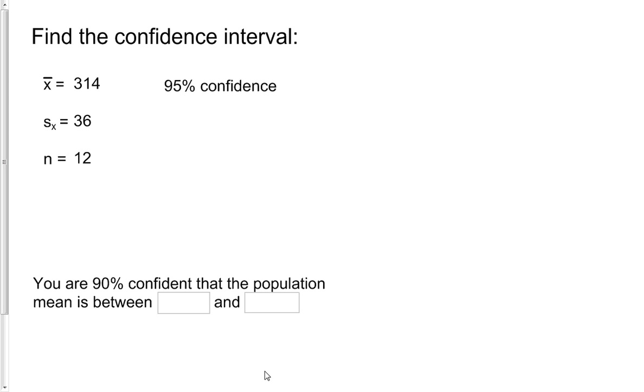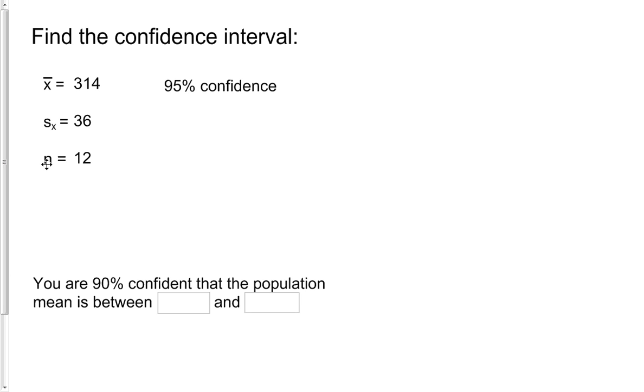I use SX instead of sigma because in this problem I'm going to assume that I don't actually know the population sigma, which is one of the assumptions you have to make when you're using the t distribution, whereas if you truly know the sigma for the entire population, that's when it's technically safe to use the normal curve. Again, we're not going to worry too much about the details behind that, but just know that when you take a sample and you find the standard deviation of that sample, that number comes out a little bit differently than if you knew the entire population.